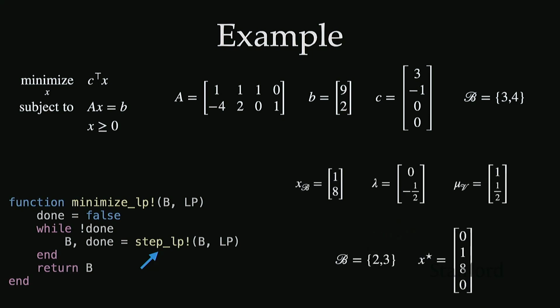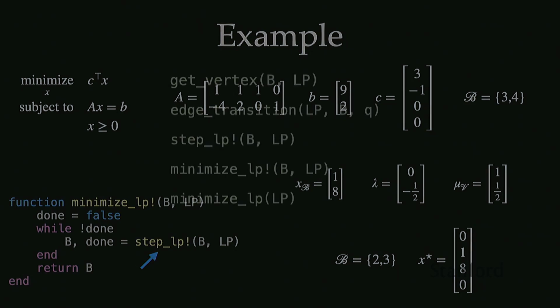If you do one more iteration of this, you'll find that all of the components of mu v are positive. So we know that we have now found the global optimum. The basis that we would find is 2, 3 with the optimal x point there as well. So you're welcome to try that out on your own and see if you get the optimal solution.